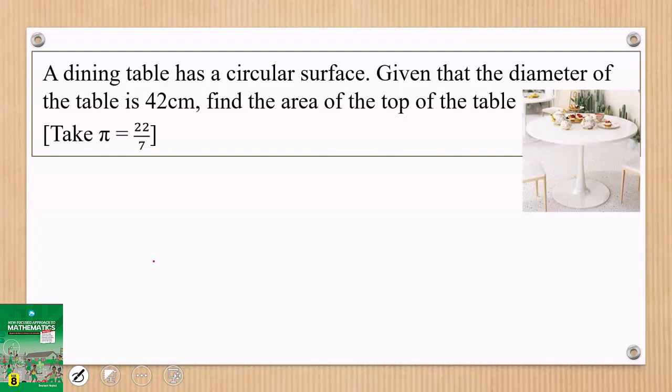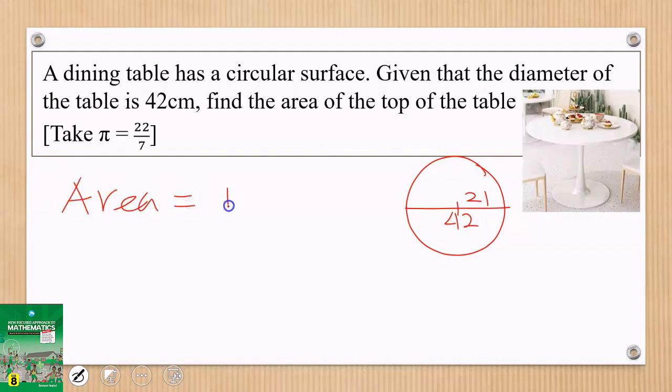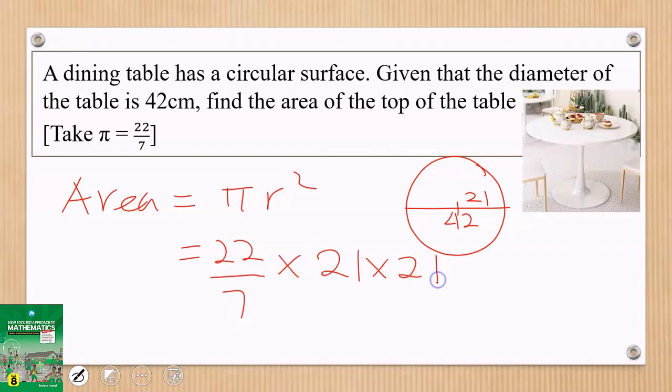This time around, the dining table has a diameter of 42, which means radius is half of 42, which will give us 21. And so using our area of a circle, which is pi r squared, we know our pi to be 22 divided by 7, and our radius is going to be 21 times 21.